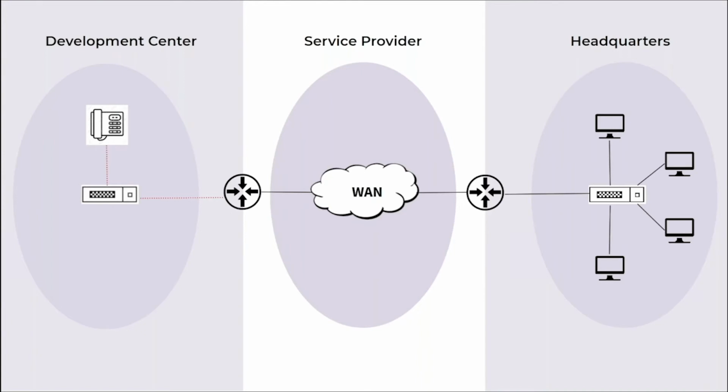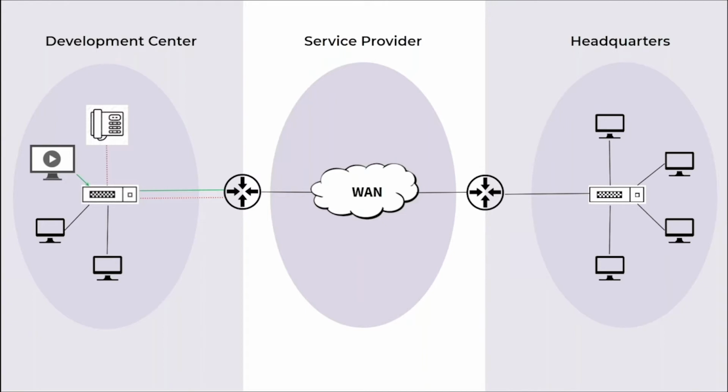Not only are your IP phones using it, you can have any person using the setup to send out video or rich media. Someone's doing a video call, and that goes through the same network. There are also a bunch of other computers or servers connected in the development center that would still need to go through the WAN.